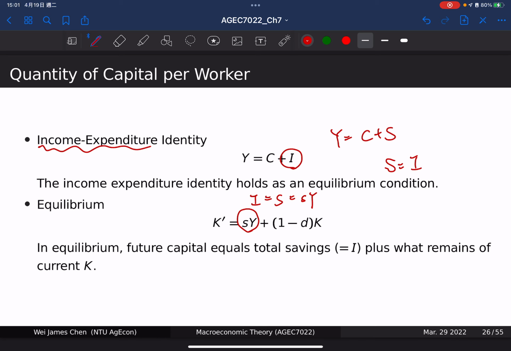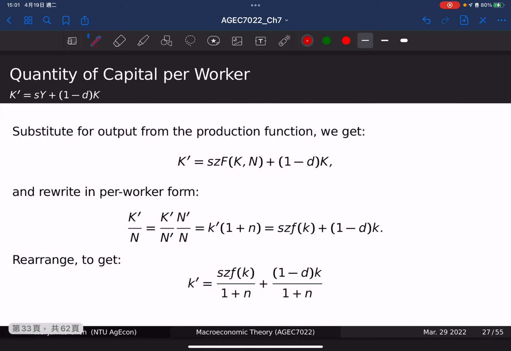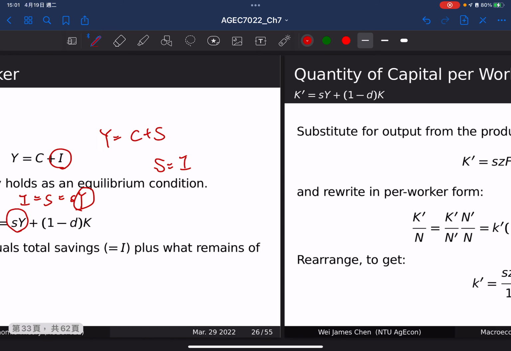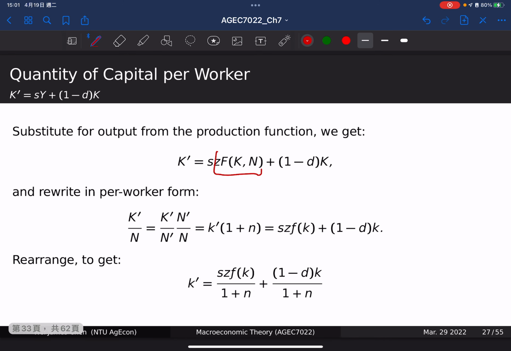Okay? And if we have this, and if we substitute the y with z times the production function, then we can rewrite this in a per worker form, because we want everything in per worker form.